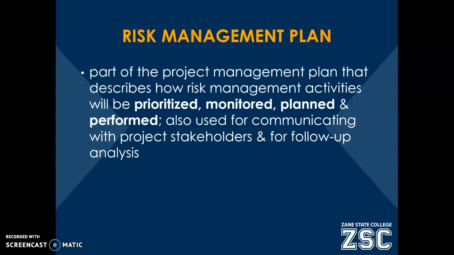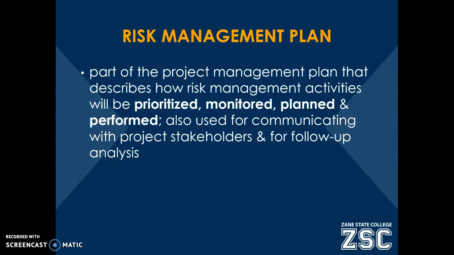So a project manager needs to develop a project management plan. And a plan is going to have various parts to it, and needs to outline several different things. The risks need to be identified and prioritized.